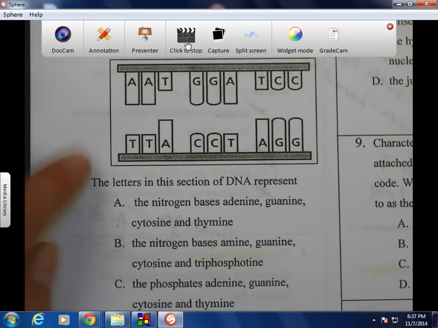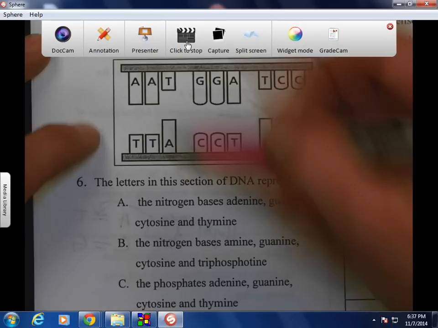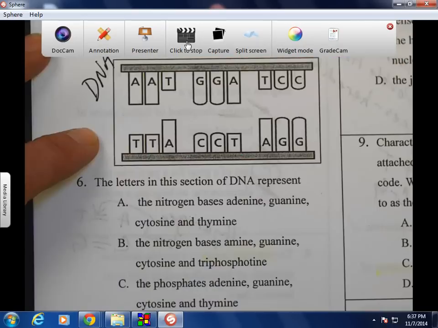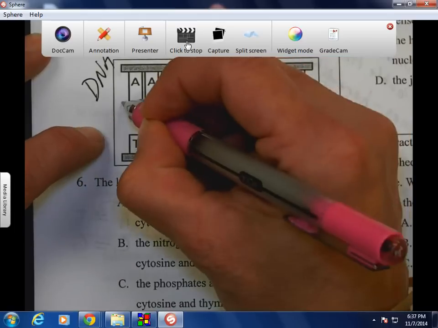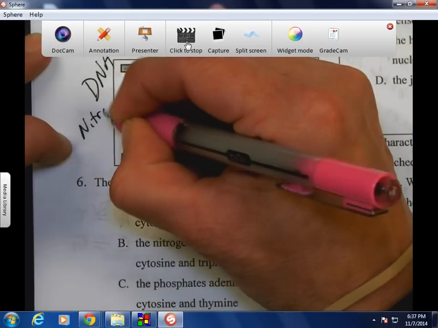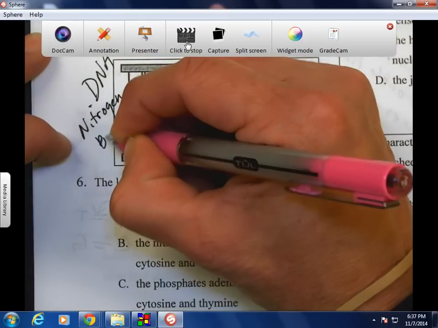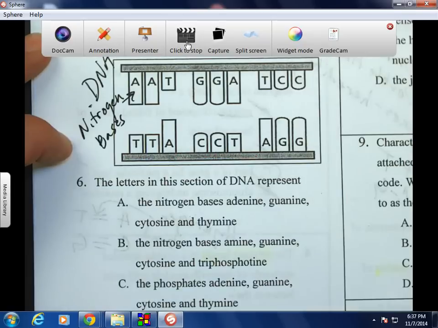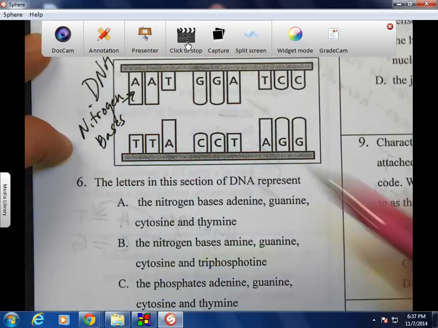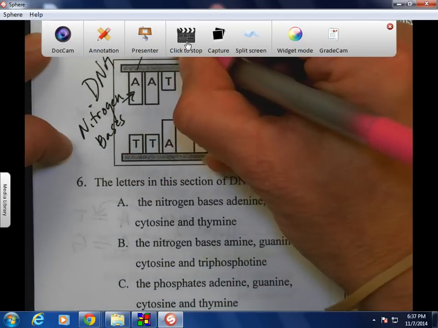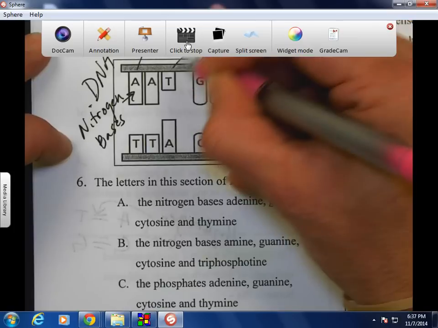Come down here to number 6. I know that this is DNA. These are my nitrogen bases. A is for adenine. T is for thymine.